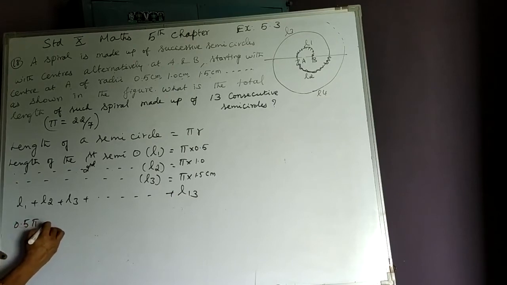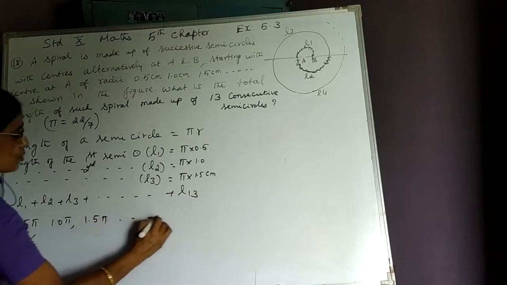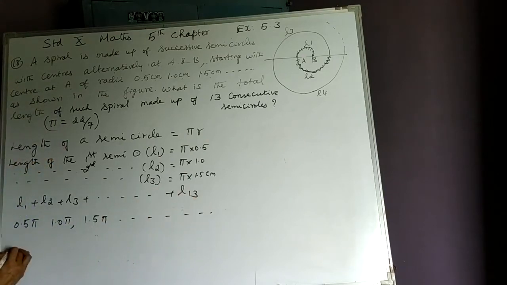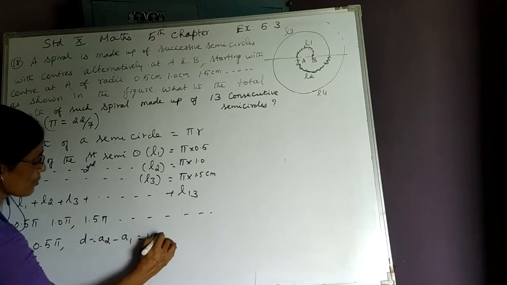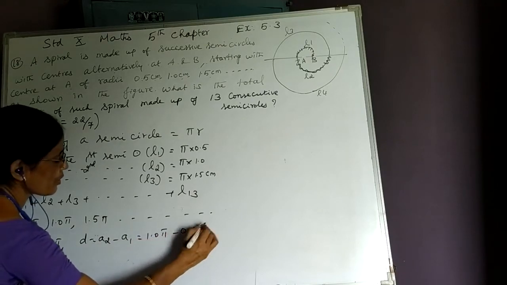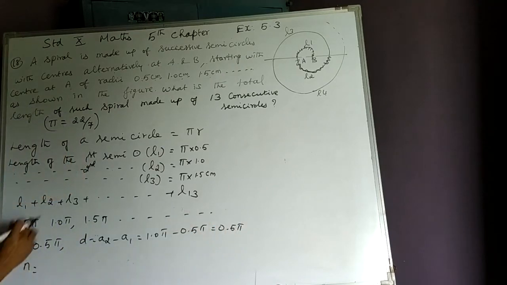And then the second is 1.0 pi. Next is 1.5 pi. It goes on. So what is a here? a is equal to 0.5 pi. d we find as a2 minus a1, 1.0 pi minus 0.5 pi, equal to 0.5 pi. How many consecutive semicircles are drawn? 13. So n is equal to 13. What are we asked to find out? S13 we are asked to find out.